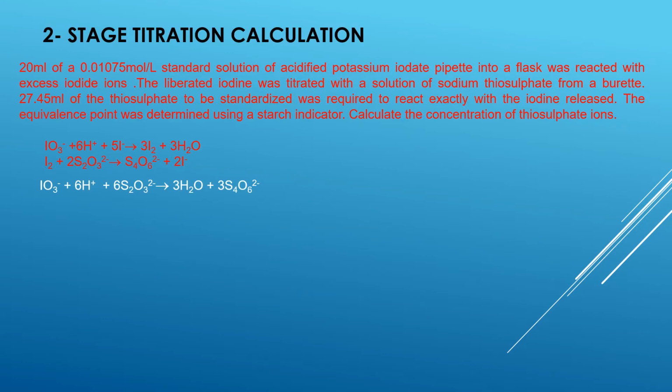So now let's see an example of a two-stage titration calculation. When we compare it to the one-stage titration calculation where we were given 2 reactants, here we are given 3 reactants. One is the potassium iodate, the other one is the iodide ion, and the third one is the thiosulfate ion, which is S2O3 2-.